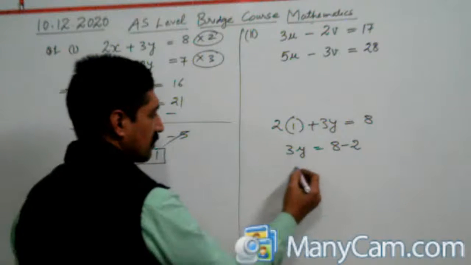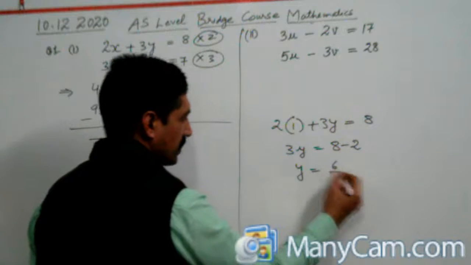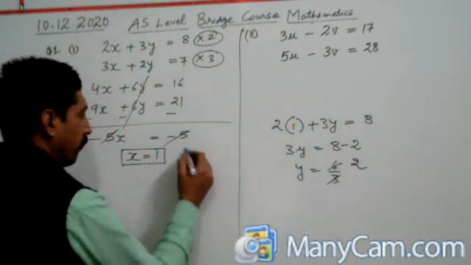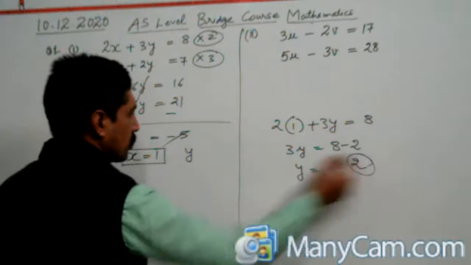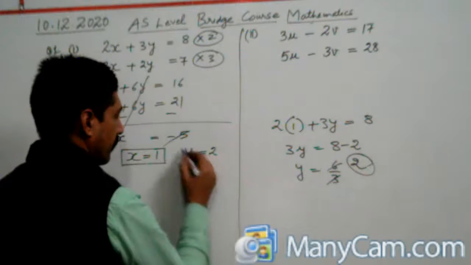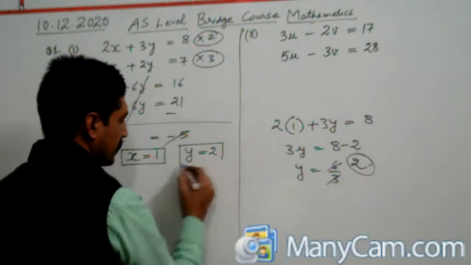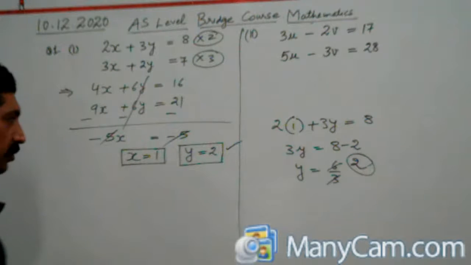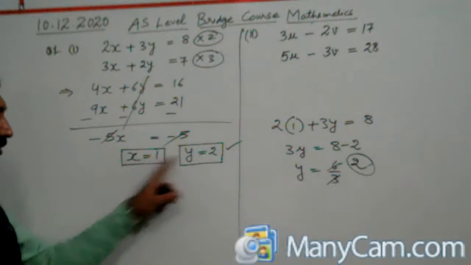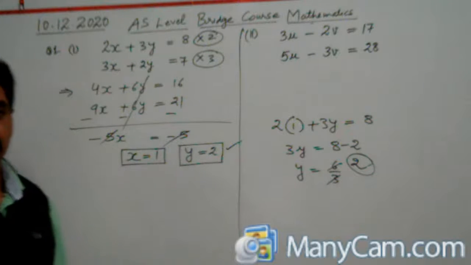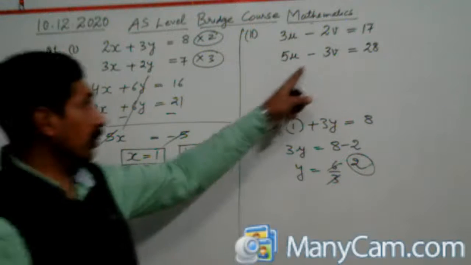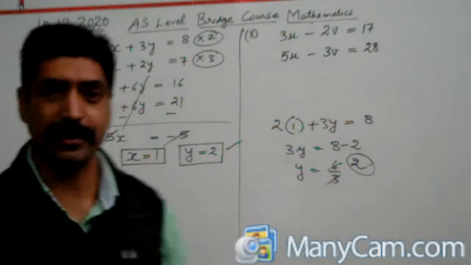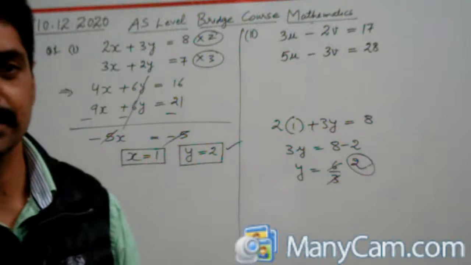So y is equal to 6 upon 3, y is 2. This is the solution of the question: x is 1, y is 2. In the same way, go for solving the second question, and you can write down in the comment box what the answers are.